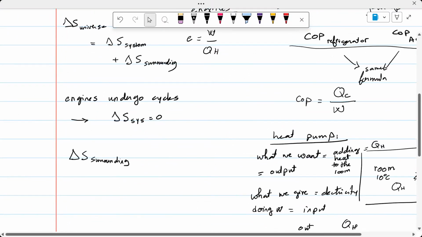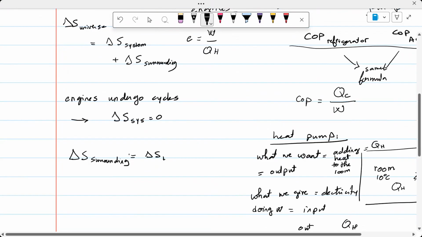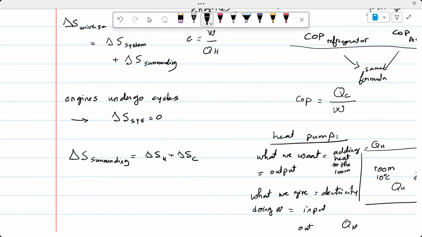In the surrounding, around the engine, I have a hot and cold reservoir, right? Namely, the hot reservoir is giving the QH, and the cold reservoir is receiving the QC. So I write this as delta S from the hot reservoir plus delta S from the cold reservoir. Now, because this is a Carnot engine, I don't have any frictional forces.